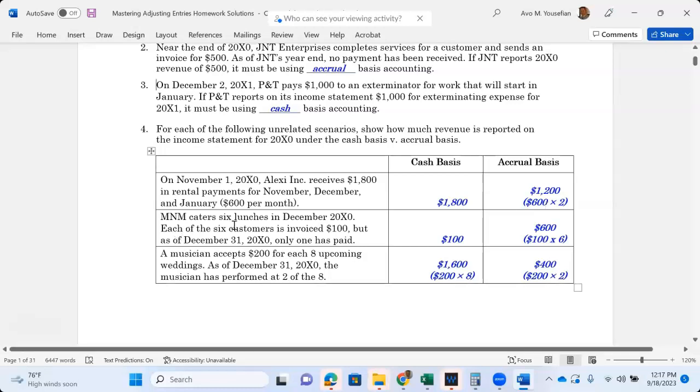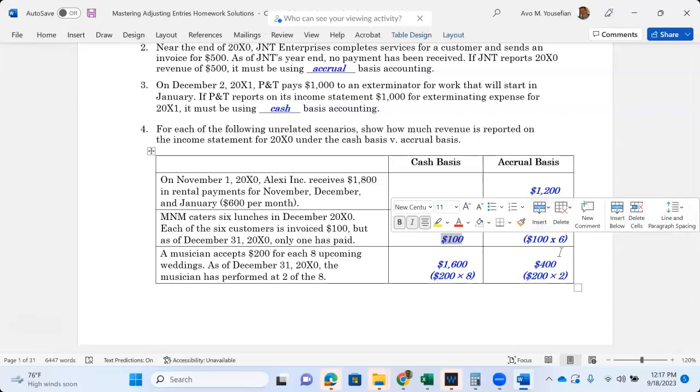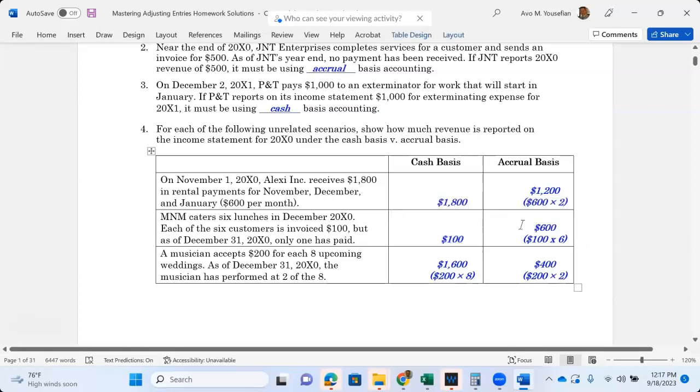M&M caters 6 lunches in December of 2020. Each of these 6 customers is invoiced for $100. So they send an invoice. But by December 31st, 2020, only one has paid. Under cash basis, only one is paid, so you have only $100 of revenue. But in reality, under accrual basis, you already provided 6 lunches.